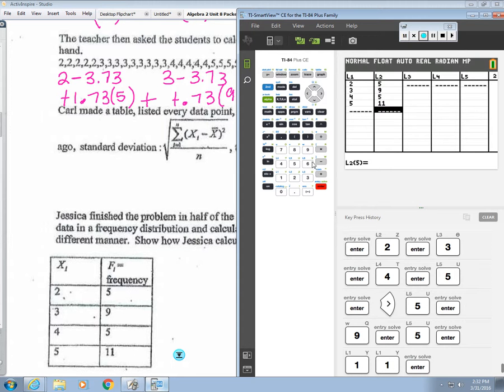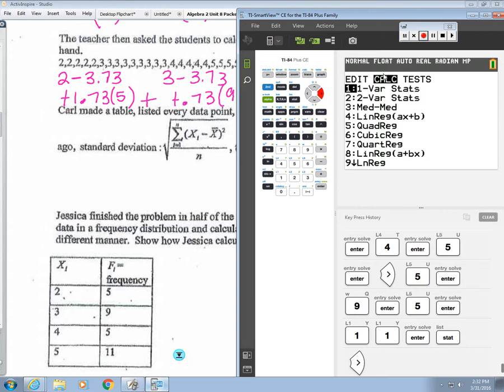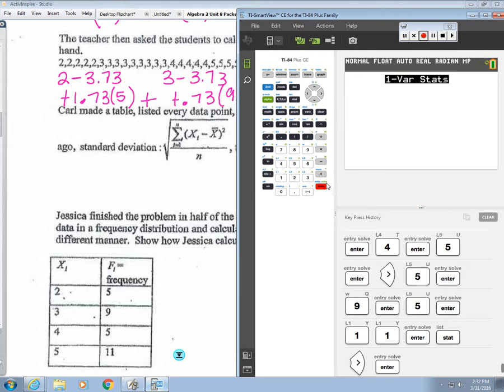Now that the data's in there, it's not all in L1, but it's all the same list. I'm going to hit stats, calc, because this time I'm ready to do something with it. It's still one variable because it was still all one list of data. Okay, but look, my list was in L1, but in L1, was that all 30 numbers?